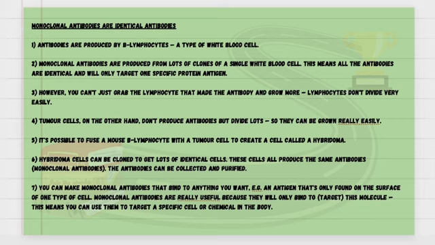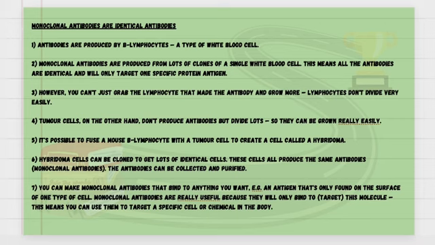It's possible to fuse a mouse B lymphocyte with the tumor cell to create a cell called a hybridoma. Hybridoma cells can be cloned to get lots of identical cells. These cells all produce the same antibodies, monoclonal antibodies. The antibodies can be collected and purified.